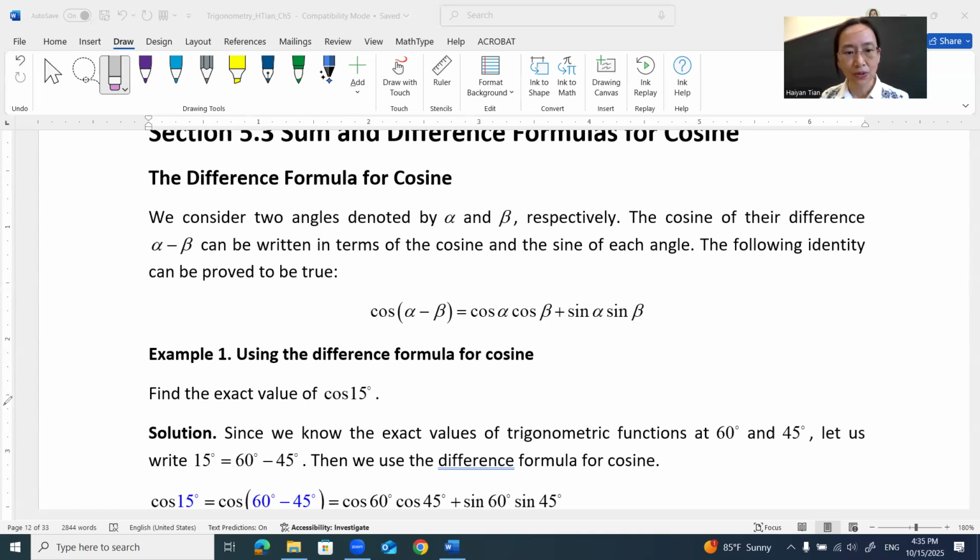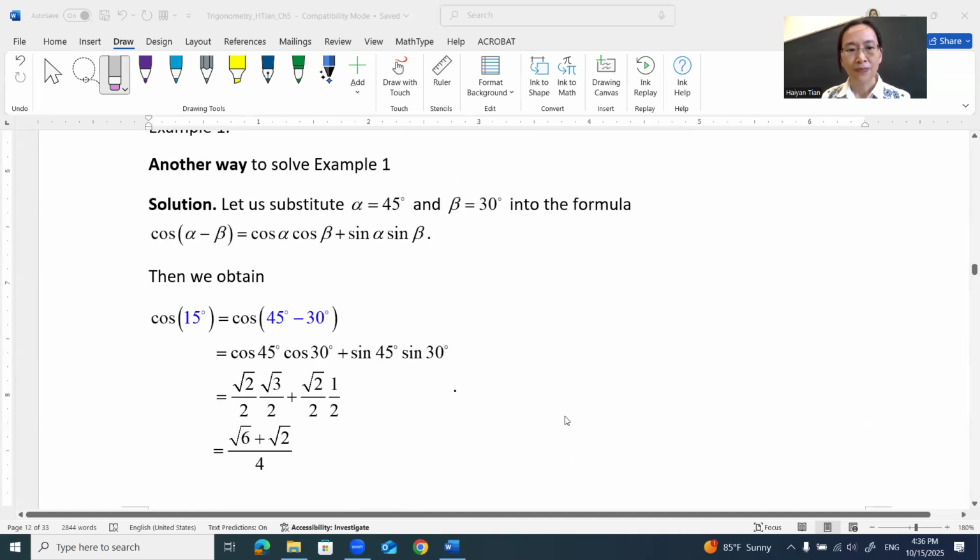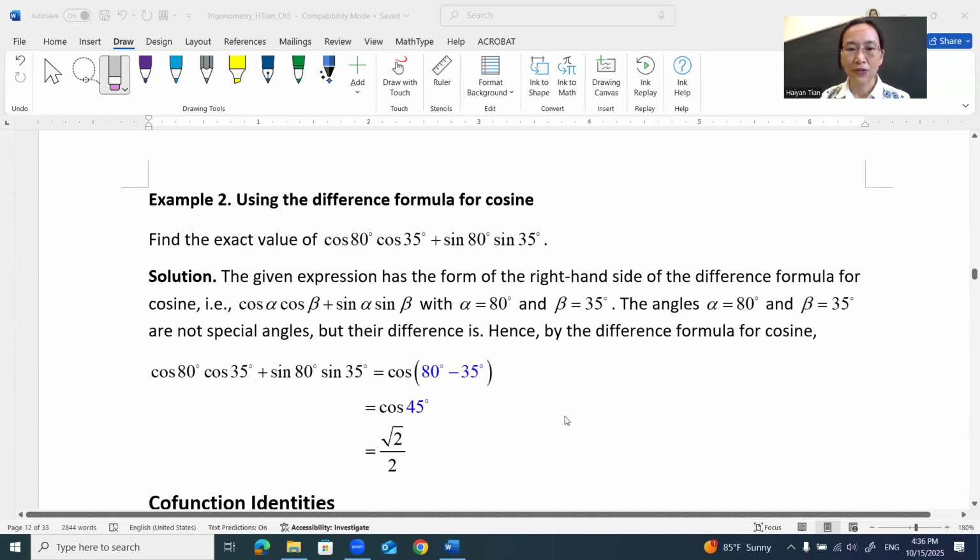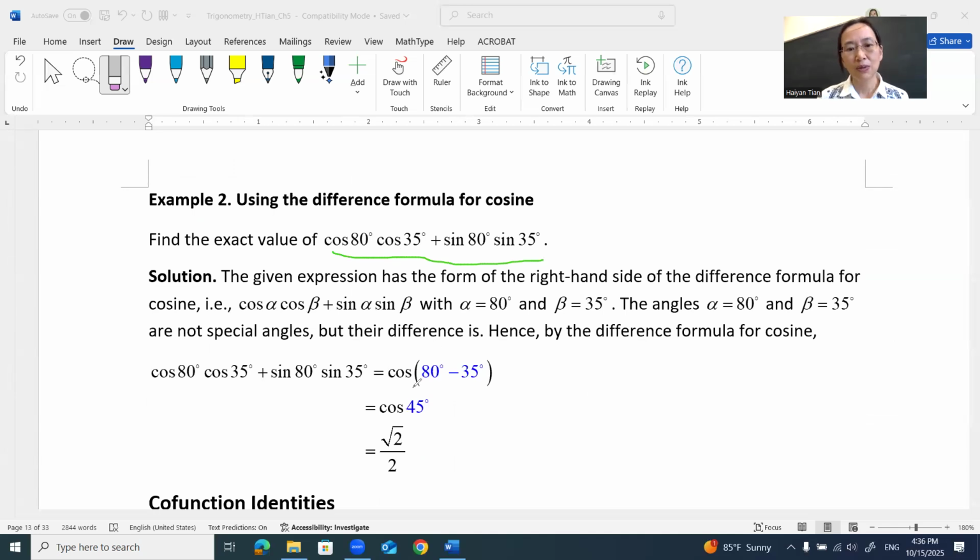In the second example, we are given this form, and we don't want it because cosine 80 and cosine 35 are not special angles. So we want to use the left side. Anyway, this is an identity, so you can use either form. We don't want this; instead, we want to use the cosine of the difference.